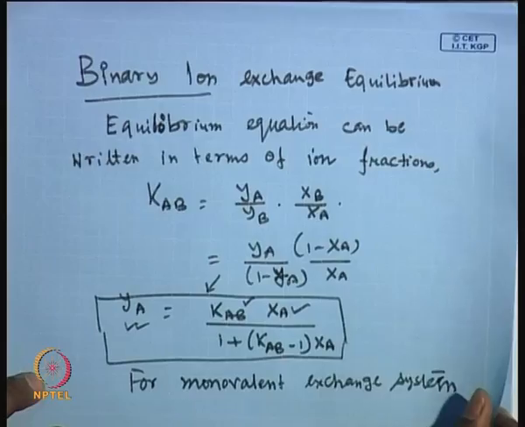In case of monovalent divalent exchange, the earlier case is for monovalent, that means two ions which are of valency 1 will be exchanged. Okay.